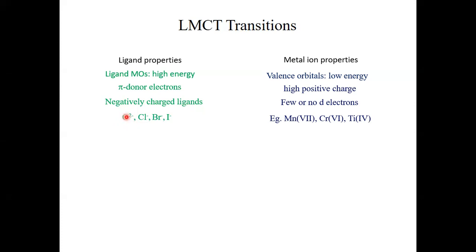This is, for instance, the case for O2 minus, where we have pi donor electrons and a negative charge at the ligand. The same is true for chloride, bromide, and iodide, for instance.